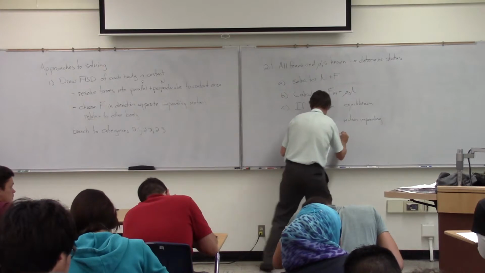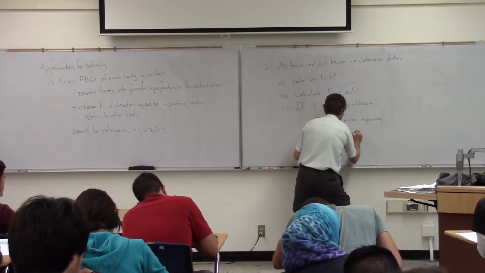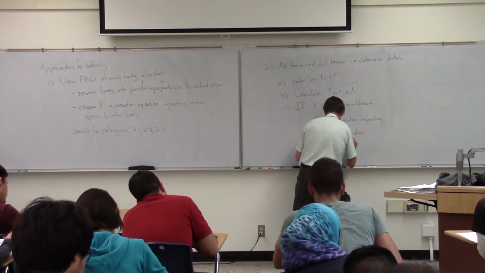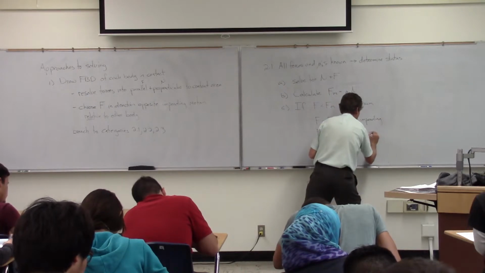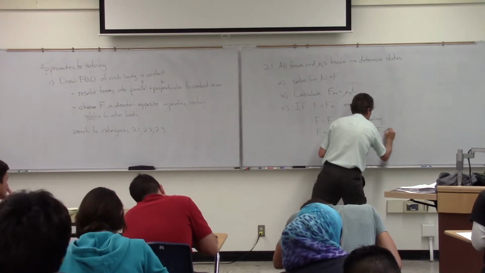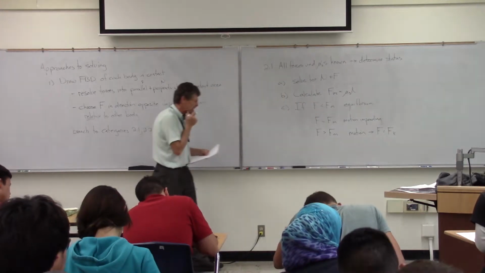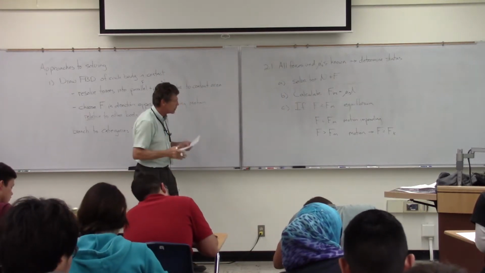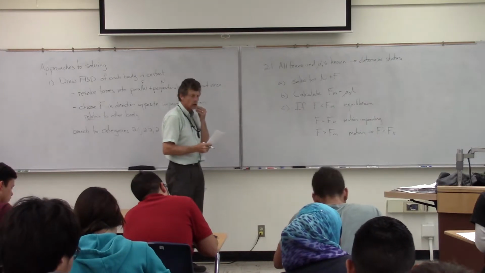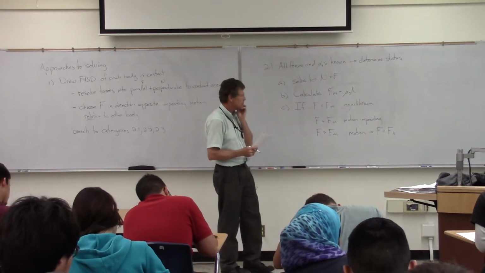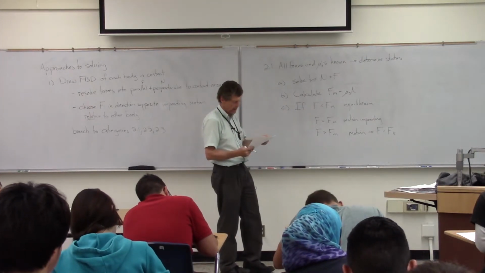It's impending. And if we find that it's greater than that, it's not in equilibrium. We've got motion. And if we are talking about a constant velocity, F should go back to that kinetic friction.